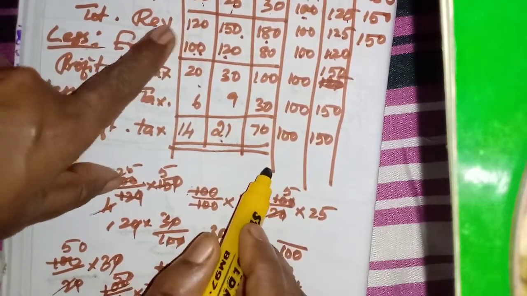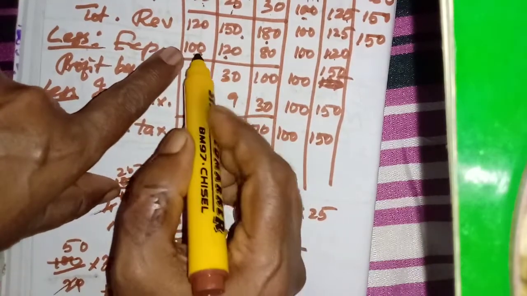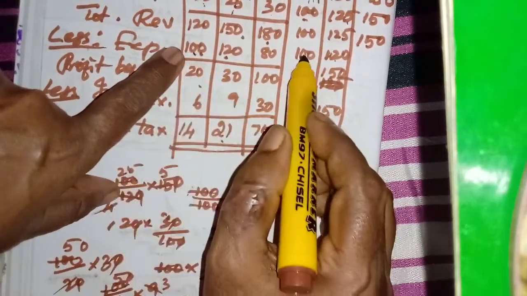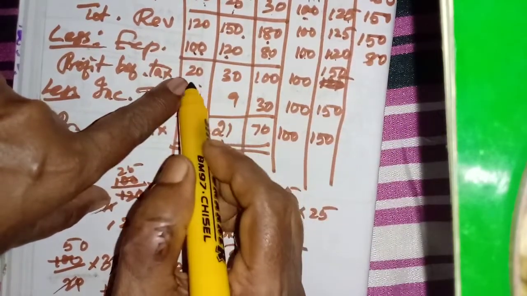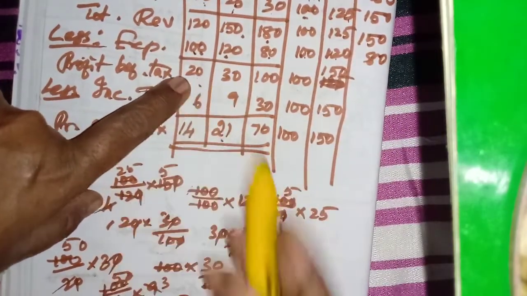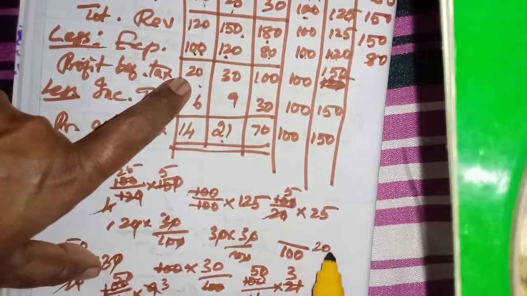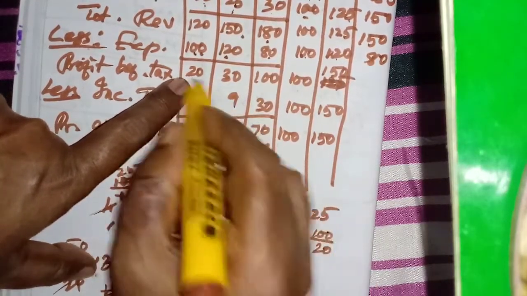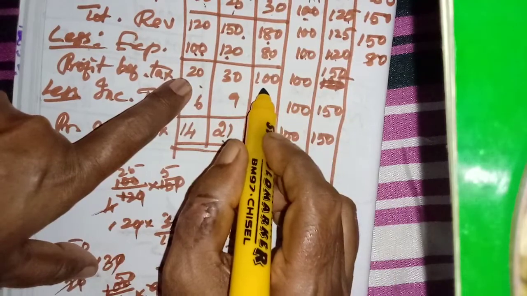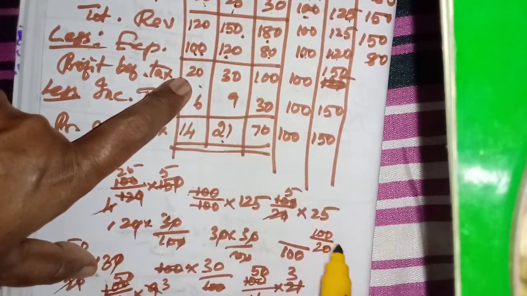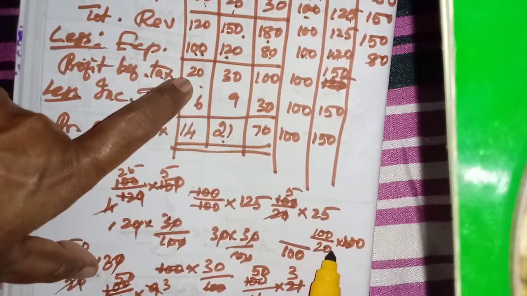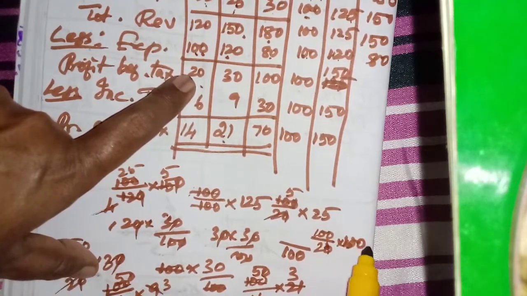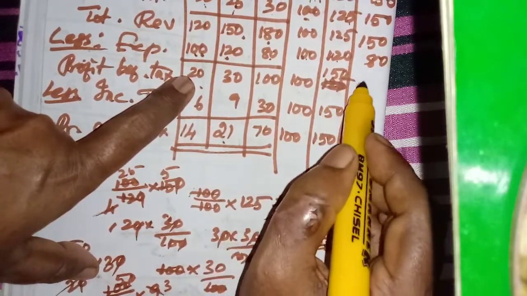Okay. Then here you see for 100, 100. So for 80, 80 only. Okay. Then easy one. Then next this one for 20, 100. For 20, 100. So for 100, 5 times. 0, 2, 5, 500.